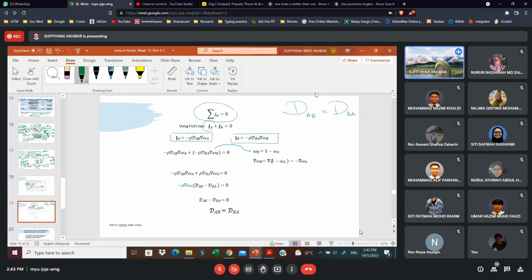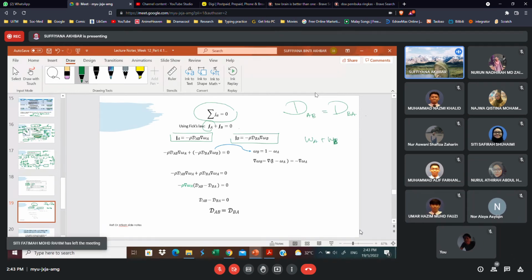Then we know that mass fraction of A plus mass fraction of B is equal to 1. So boleh rearrange, kita boleh substitute here and then simplify, become this one, and this is the constant value kan. Constant means that kita boleh cancel out, sebab this one 0. So finally we got this one, and last one. So it is proven lah.